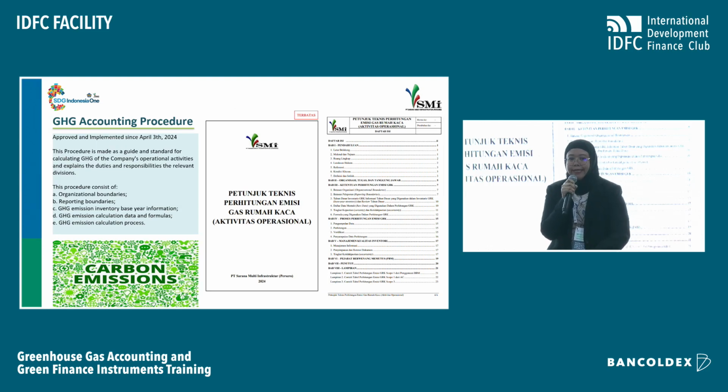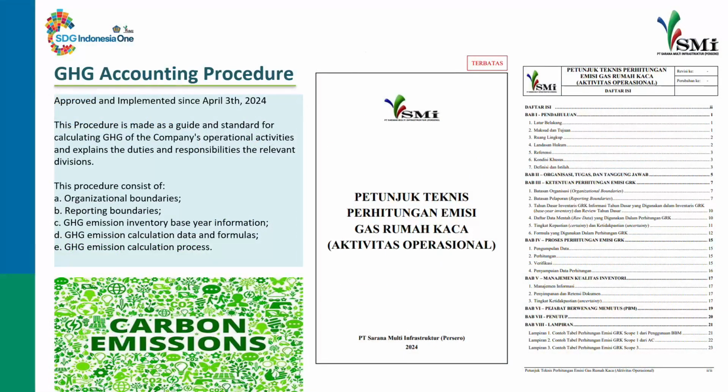So this is the GHG accounting procedure that PTSMI has, and it has been approved and implemented since April 3rd, 2024. So it's very new for PTSMI to account for GHG in such a detailed way.